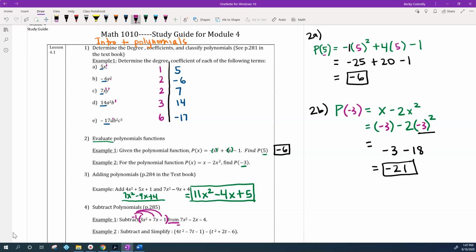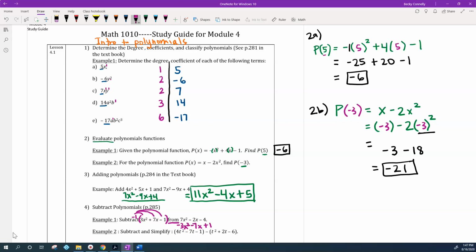So that's going to give me a minus 3x squared. And then the same thing, I've got to distribute that negative through to everybody, and that's a part that a lot of people miss on this. So negative 1 times 7x is negative 7x. And then negative 1 times negative 1 is positive 1.